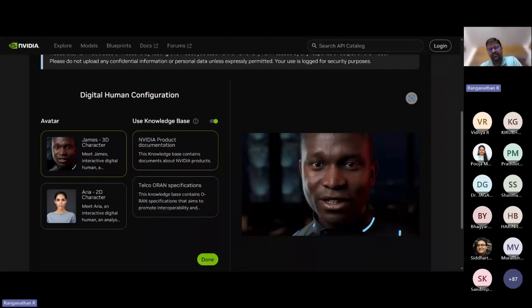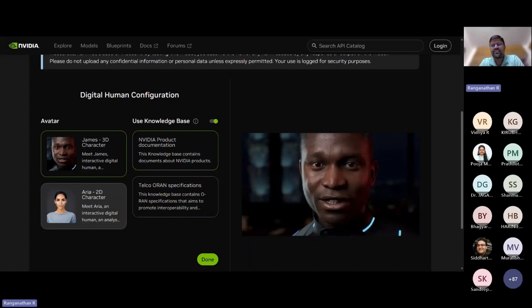There are two different avatars here. One is James, a digital avatar that talks about NVIDIA products. Then you have another character called Aria, who talks about general customer support.